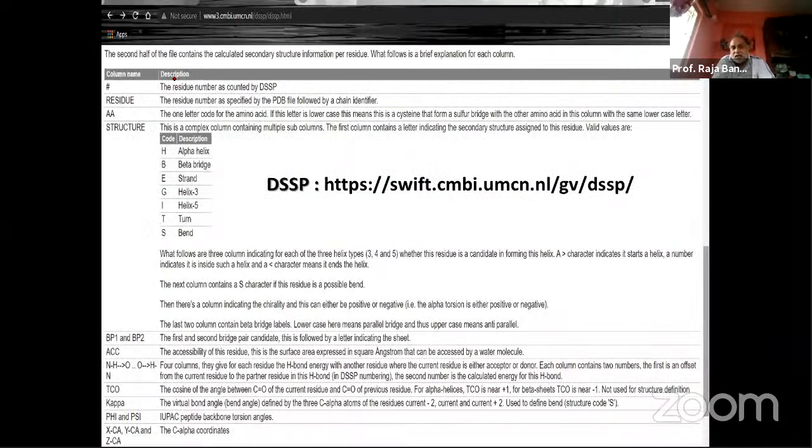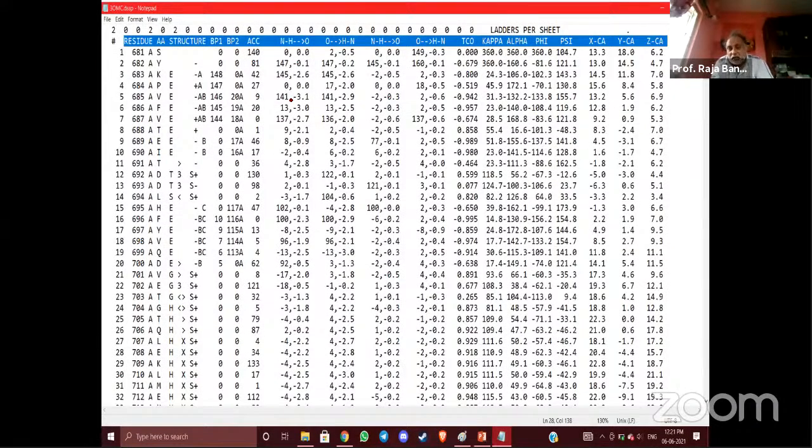What is the E structure? E means strand, beta strand is there. And you will find BP1, BP2. The surface accessible area is 9, meaning very small. There is the NHO, and you will find phi and psi.